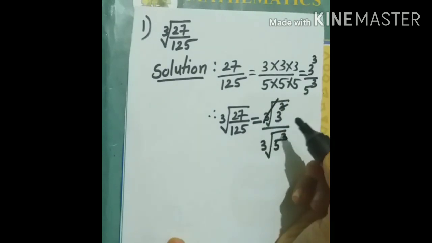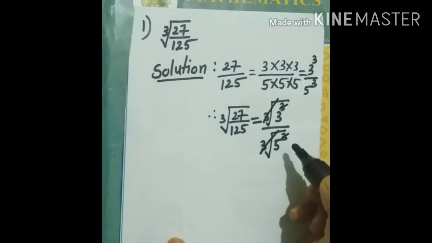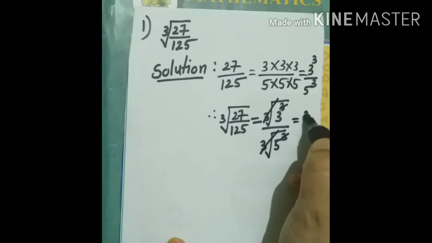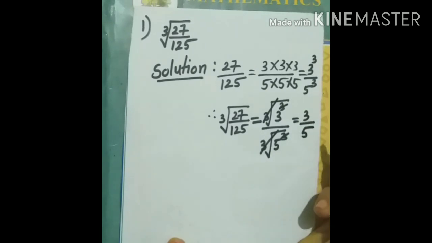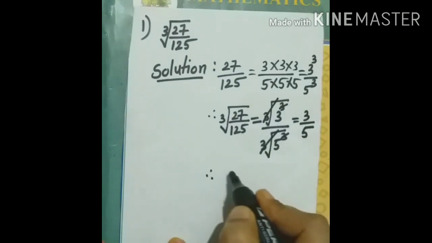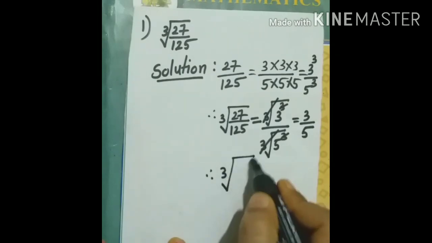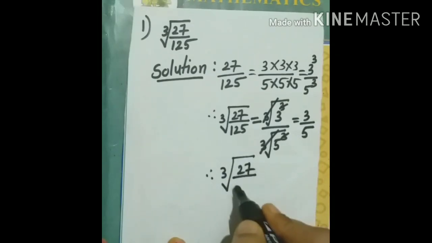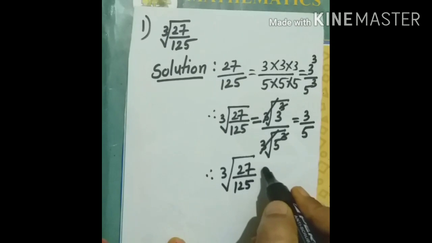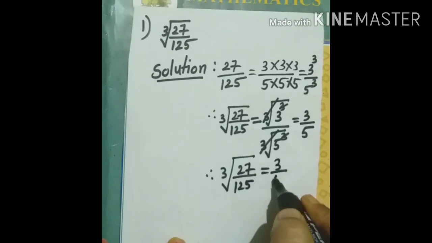Cube root gets cancelled. Cube root gets cancelled. You get, children, answer 3 upon 5. Therefore, cube root of 27 upon 125 equal to 3 upon 5.